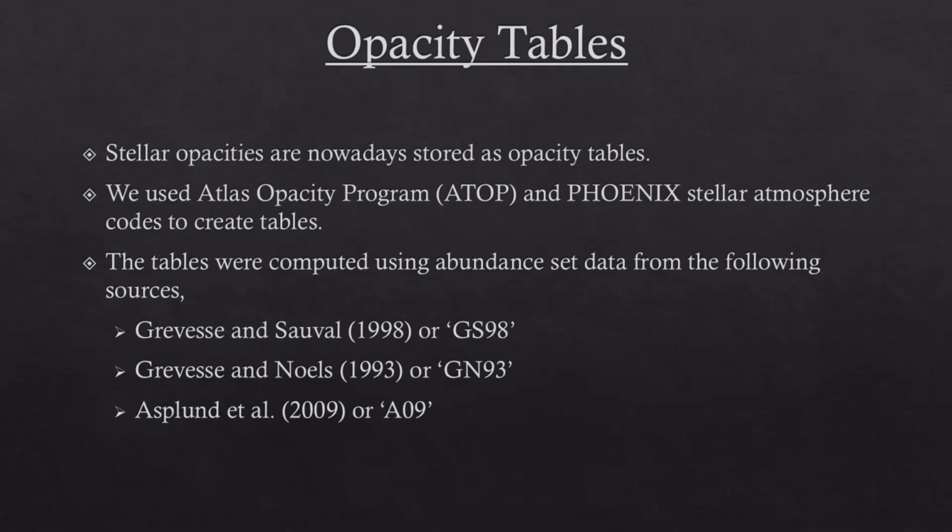So we used Grevesse and Sauval from 1998, Grevesse and Noels from 1993, and Asplund et al. And actually, Grevesse and Sauval were co-authors there as well. But for the sake of simplicity, we'll call this A09. And this is GS98, this is GN93. Sometimes it's called AGSS09.